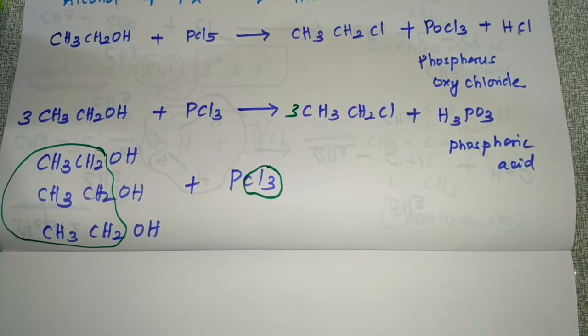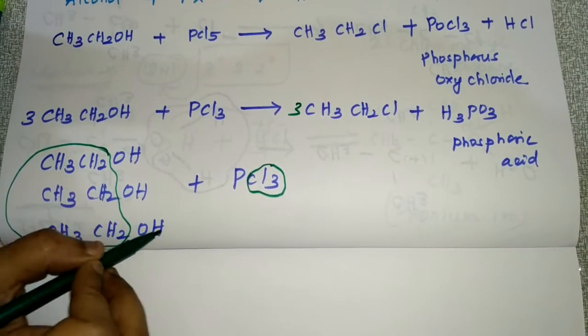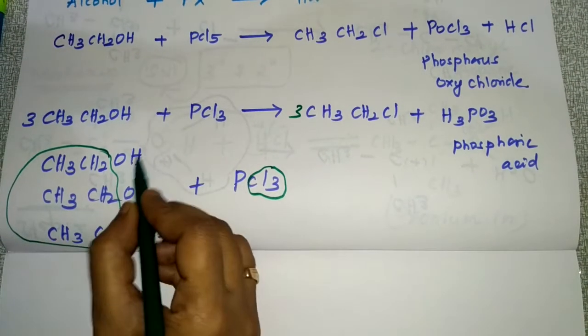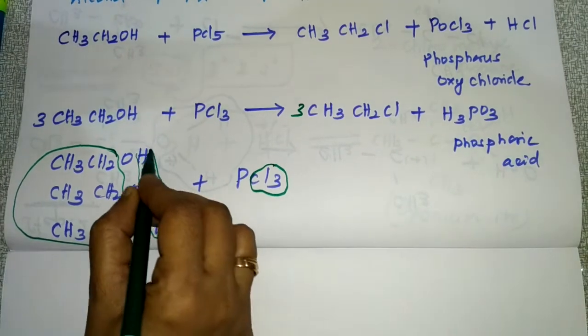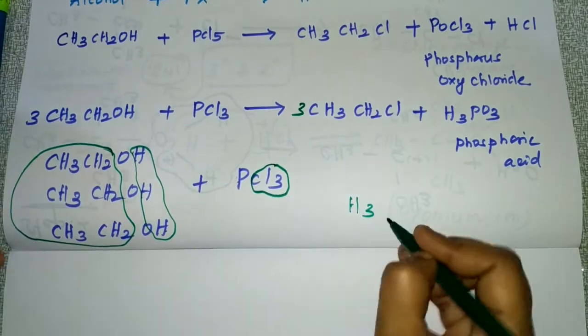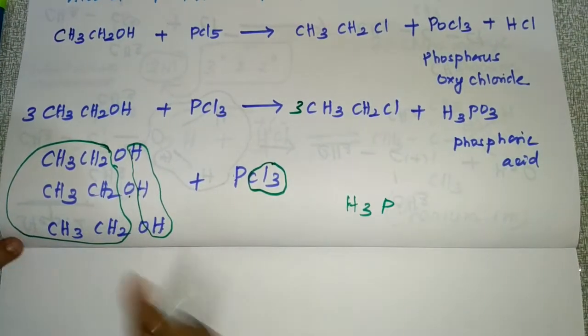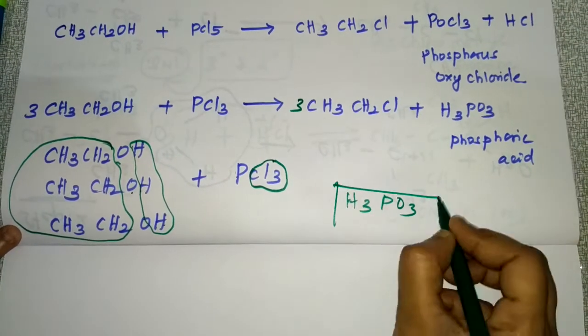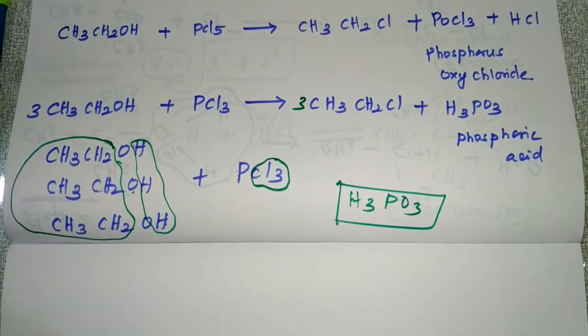And what else is remaining? H3 is there, 1 P is there, and O3 is there. So H3PO3, clear? This is how you got phosphorous acid.